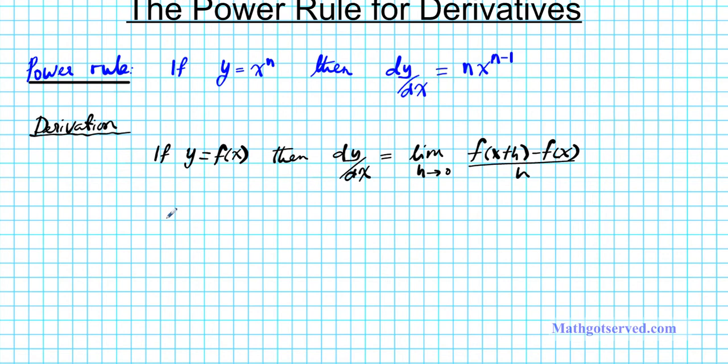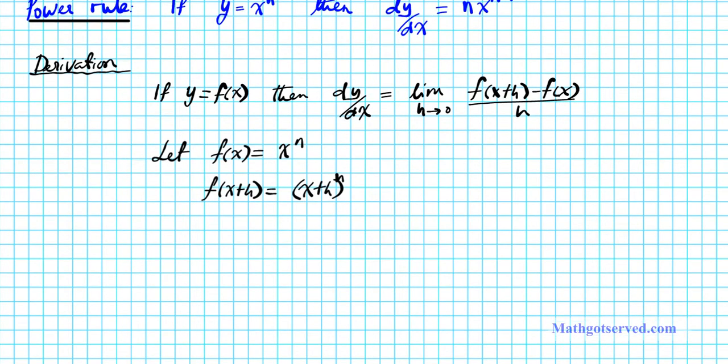For our derivation, let f of x equal x to the n. That follows that f of x plus h is going to be x plus h to the n. Now let's write down what the derivative is using the limit definition.